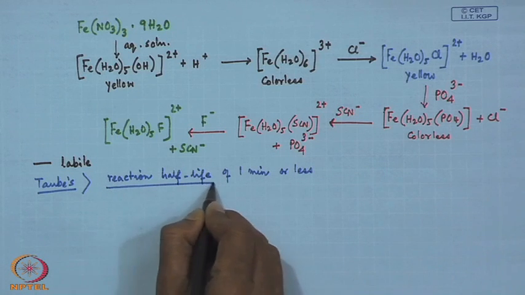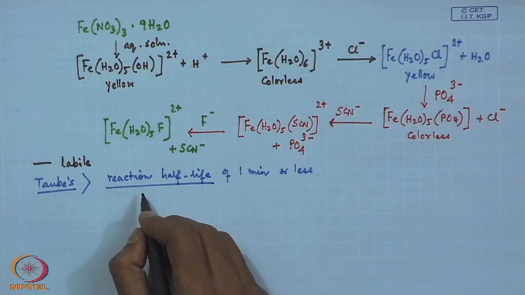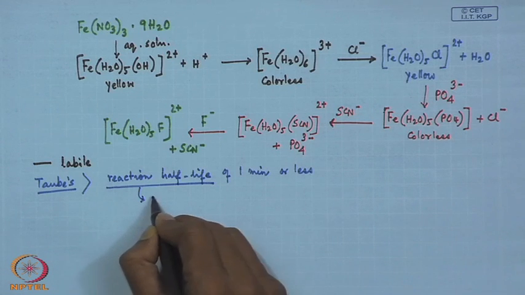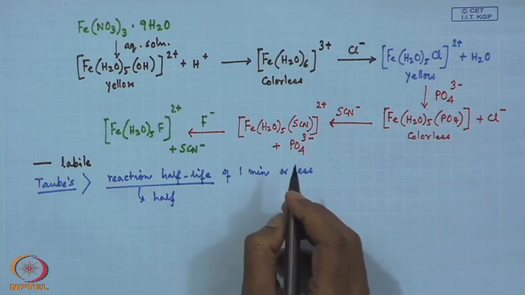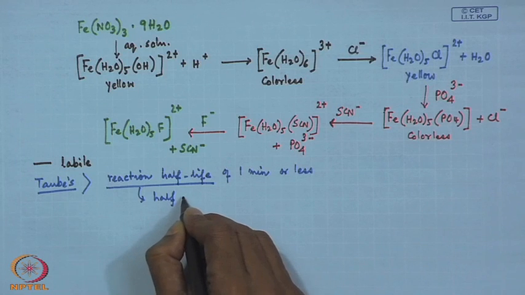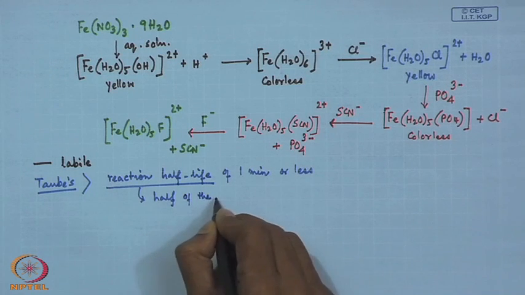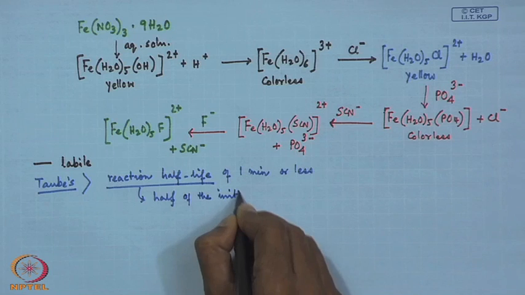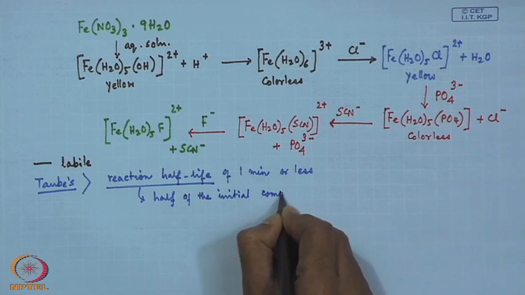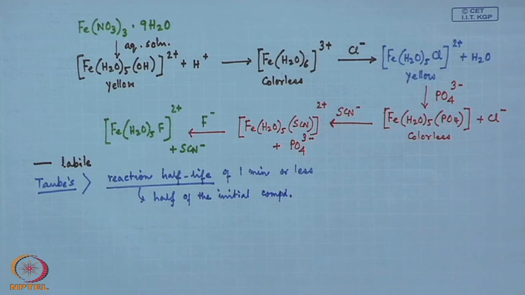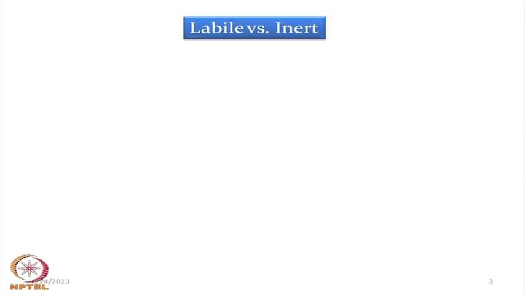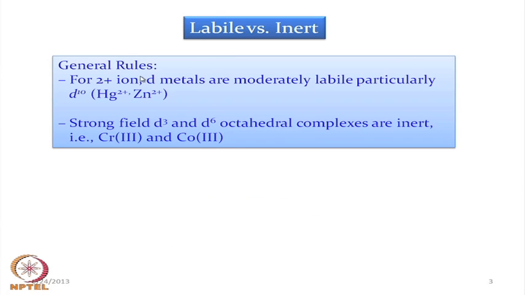Reaction half life is nothing but the time of disappearance of half of the initial compound. So, when the reaction half life is 1 minute or less, we get the corresponding labile complex. So, we have the definition for labile in our hand.